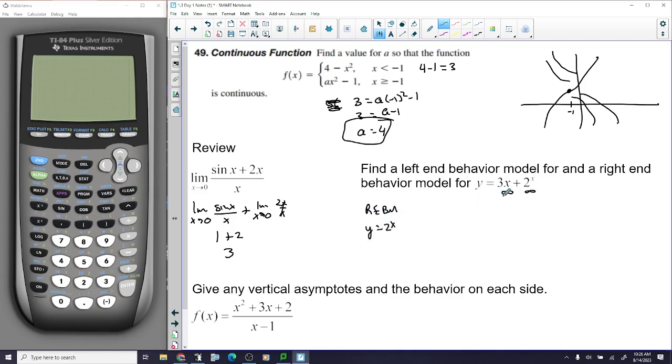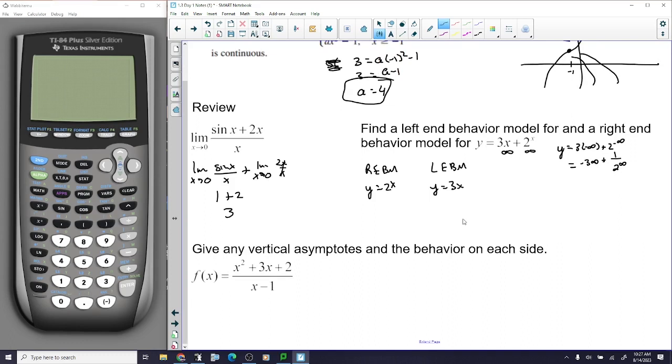Now if we plug in negative infinity, y equals 3 times negative infinity plus 2 to the negative infinity, which is really negative 3 times infinity plus 1 over 2 to infinity, and this piece is headed towards 0. So 3x dominates on the left-hand side, so the left end behavior model is just y equals 3x.